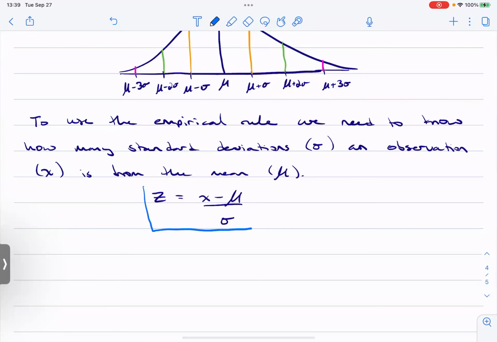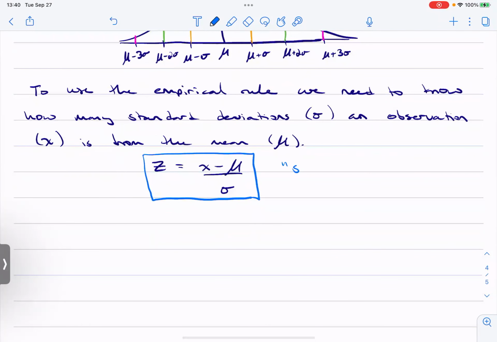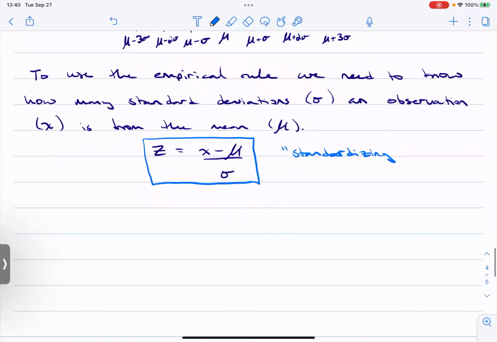When we calculate Z like this, when we figure out how many standard deviations I am away from the mean, we call that standardizing or normalizing X. I don't tend to use the term normalizing because it makes it sound like you're turning it into a normal distribution, when in fact it has to come from a normal distribution to become a smaller normal distribution centered on 0, standard deviation of 1.